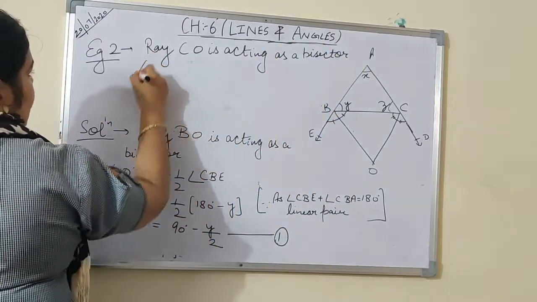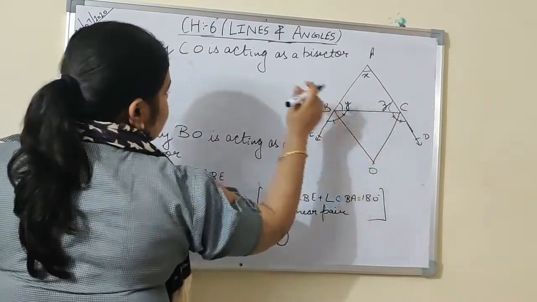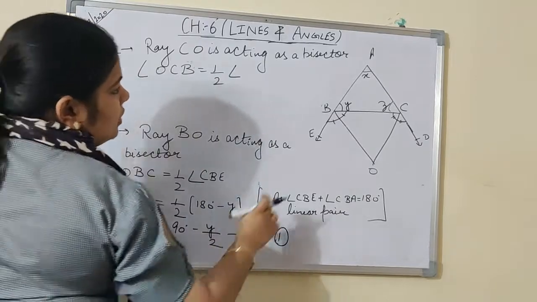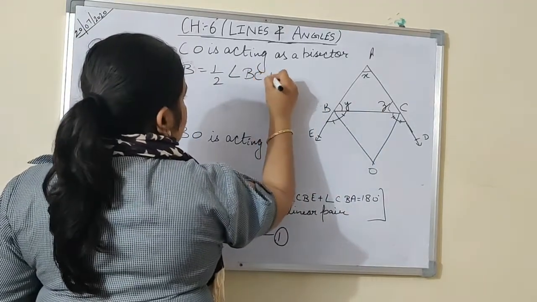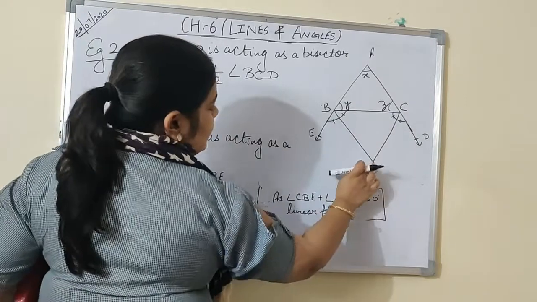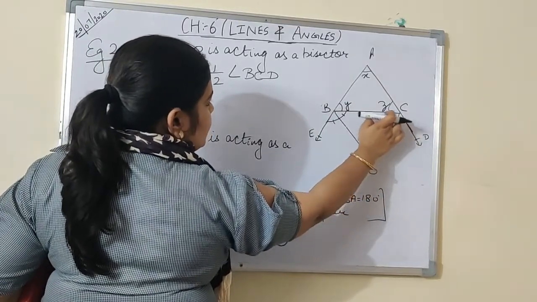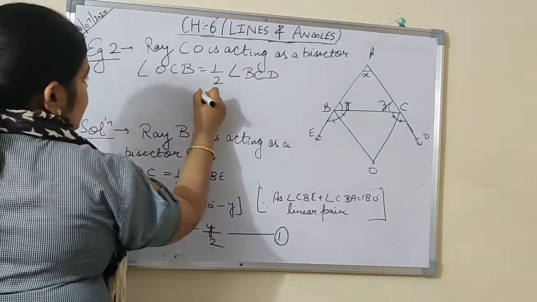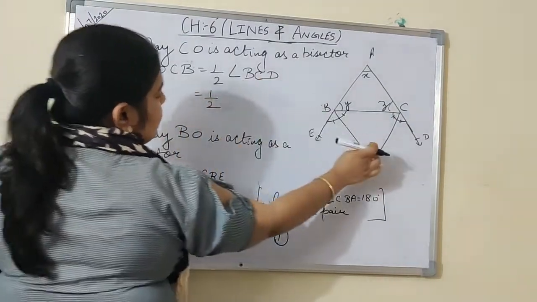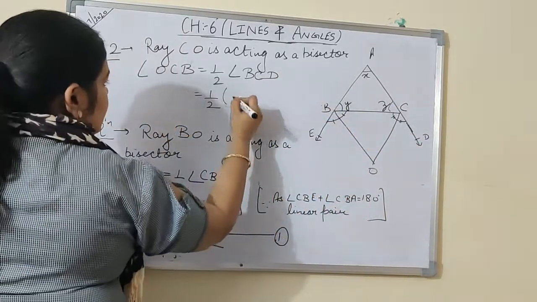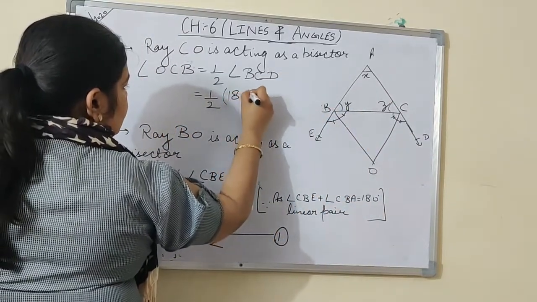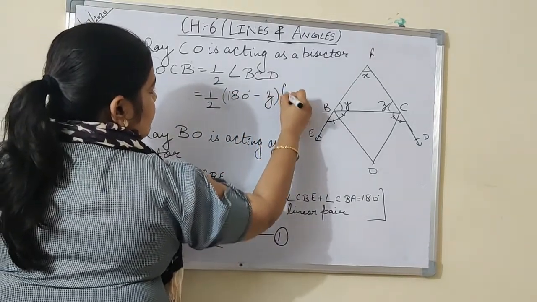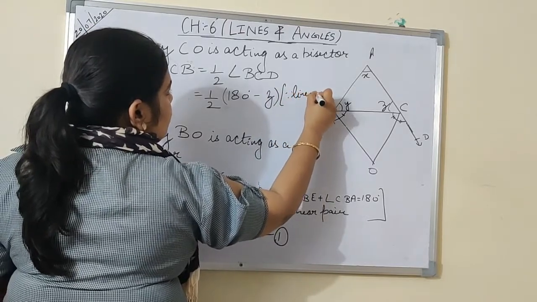That angle OCB is equal to half of angle BCD. Again, you can see here that CO is acting as a bisector, that means this is equal to this, so we can write that this is half of this. Then in the next step, in place of angle BCD, we can write 180 degree minus Z, again because of linear pair.